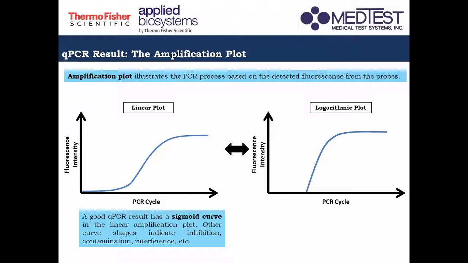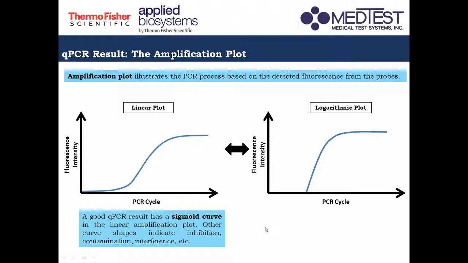And that means there is no instances wherein the PCR encountered inhibition or contamination or interference from contaminants or other substances. So you would want to see a sigmoid curve in your linear amplification plot.